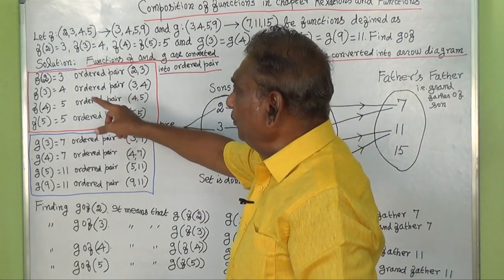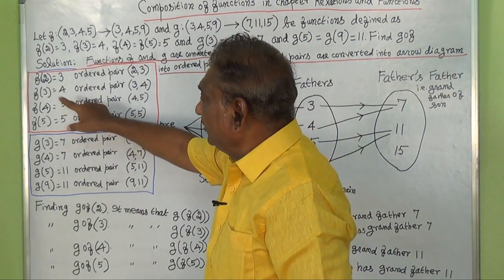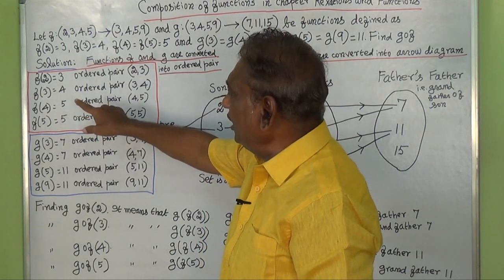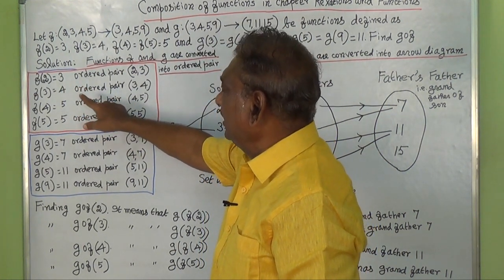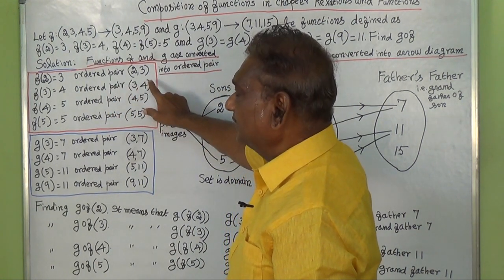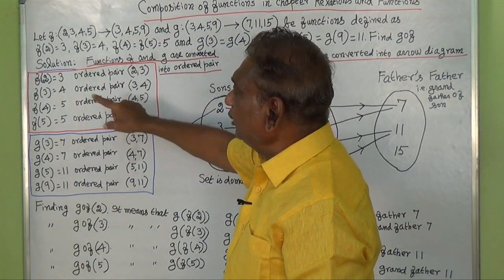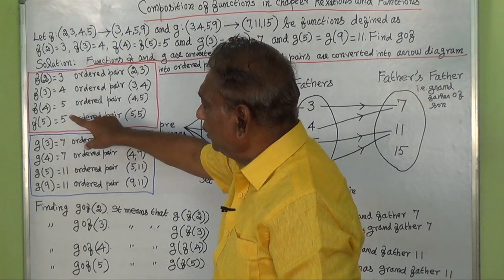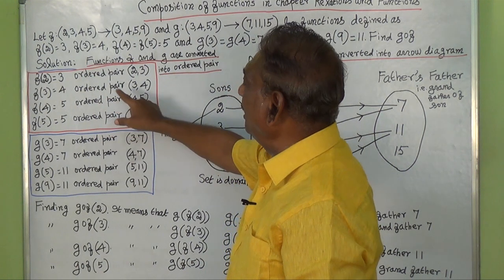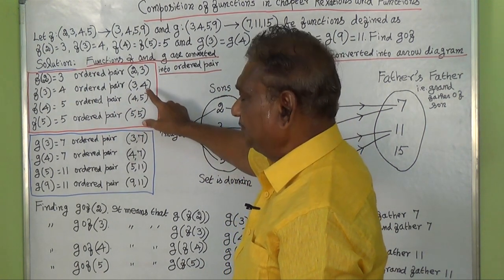Then coming to f of 3. 3 is the x, the function of 3 equal to 4. That is, the ordered pair is (3, 4). Then coming to f of 4, f of 4 equal to 5. So we write the ordered pair as (4, 5).